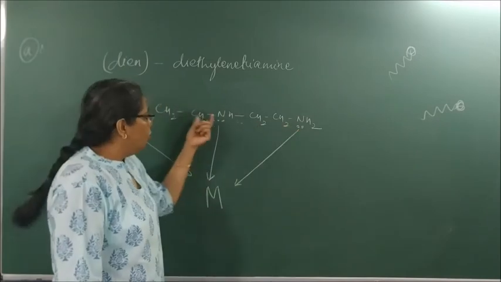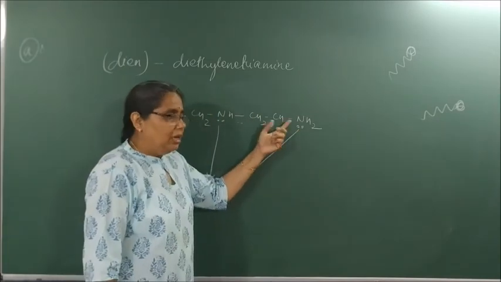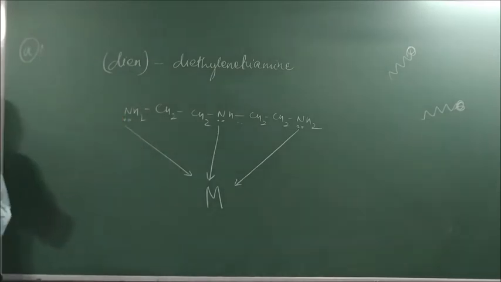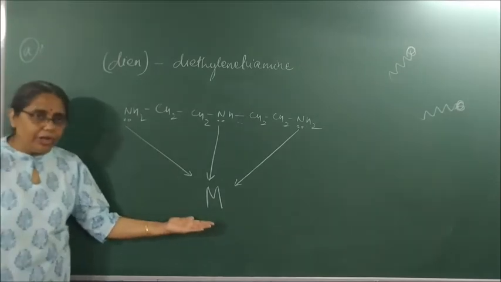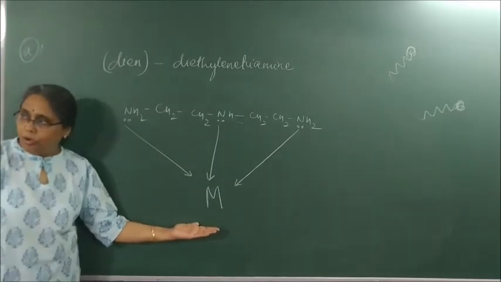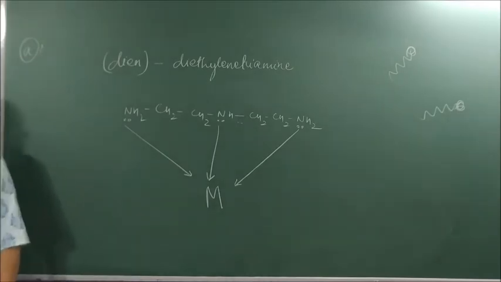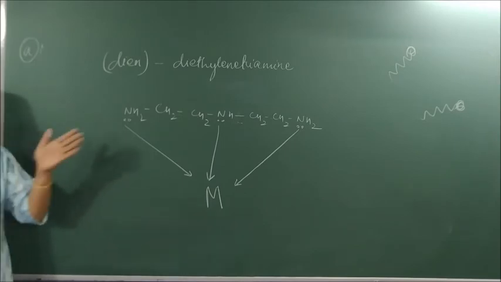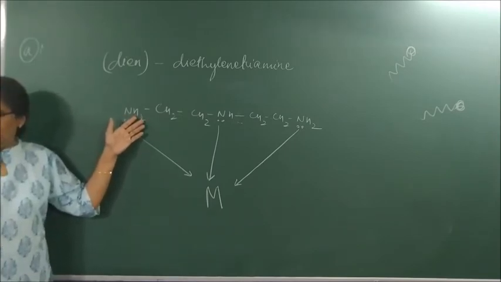So it becomes diethylene triamine. The 3 nitrogen atoms and all the 3 lone pairs of electrons will be donated to the metal atom or ion, and hence it forms 3 coordinate bonds, so called tridentate ligand. Clear? If you understand ethylene diamine formation, this is very, very easy.